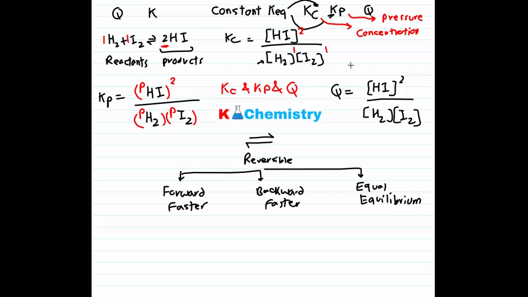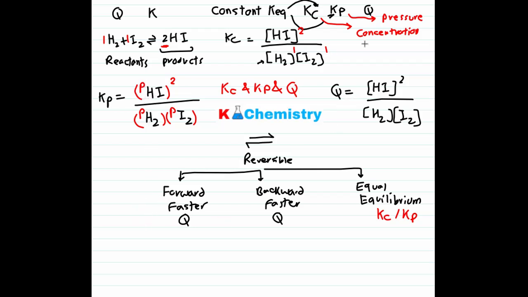If you have the reaction at equilibrium, then when you divide it, you will find the K equilibrium, either Kc for concentrations or Kp. If you are not at equilibrium, if you just started the reaction and you don't have products yet, there is no way the backward will be equal to the forward, so the forward is faster, and you are still measuring the Q. And if the backward is faster, you are also just measuring the Q. To mathematically find Qp or Qc, you just plug in the numbers.